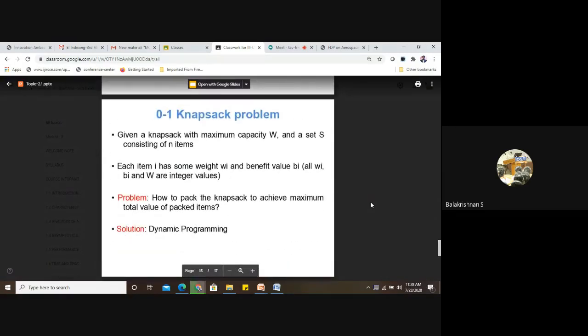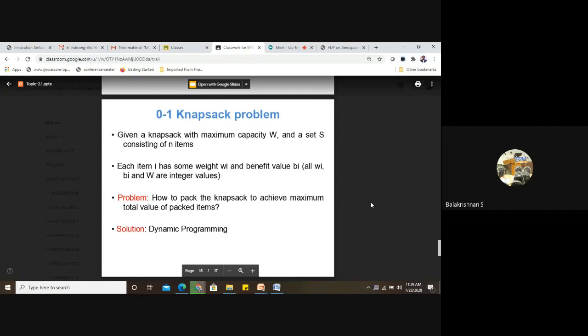Given a knapsack with maximum capacity W, we are aware of how the knapsack problem works, as already discussed in the first unit, sorry, first module. Given a knapsack with maximum capacity W and a set S consisting of n items, each item i has some weight Wi and benefit value Bi.